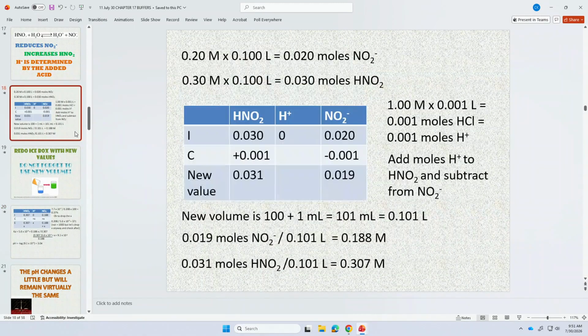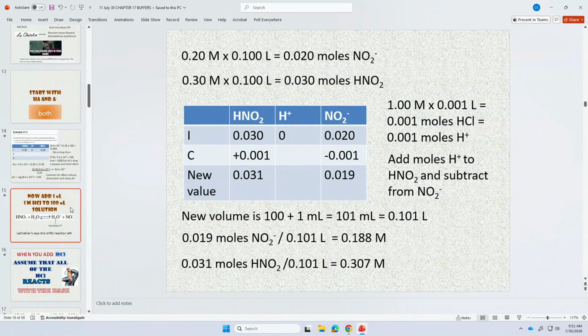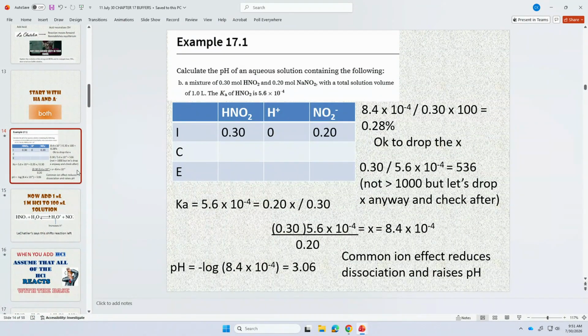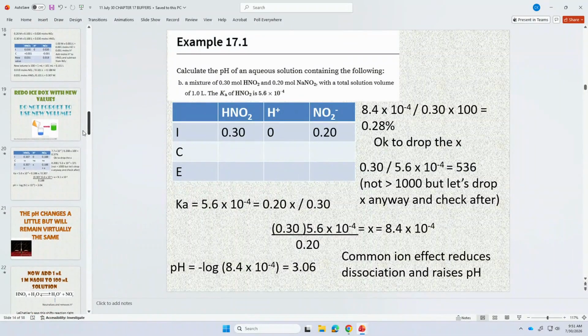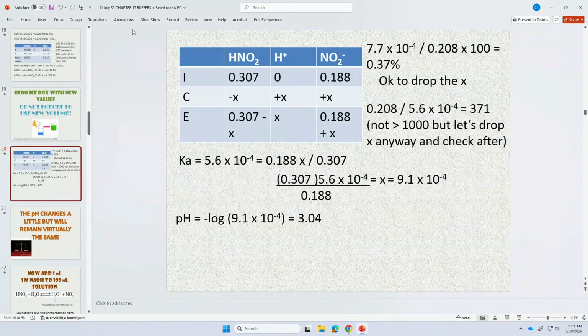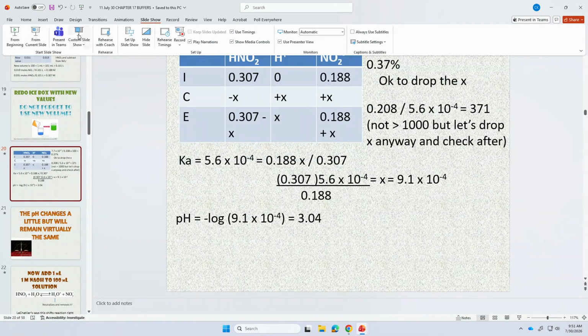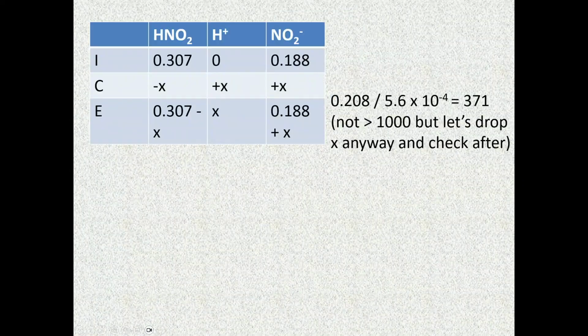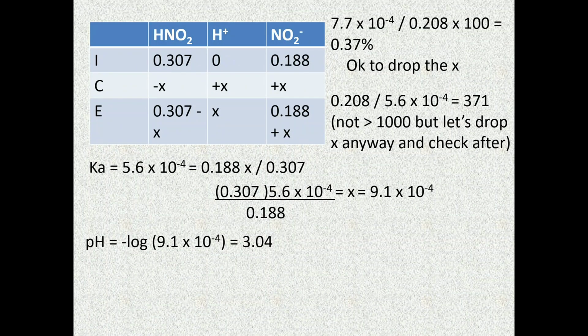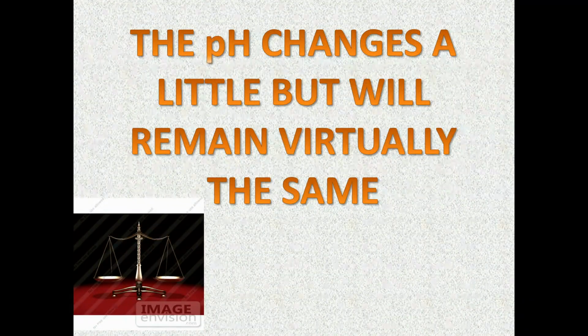So my original pH was 3.06. Adding acid should lower my pH, which it does. It lowers it to 3.04. But it didn't change it by much. Adding that 1 ml of acid changed my pH by 0.02.